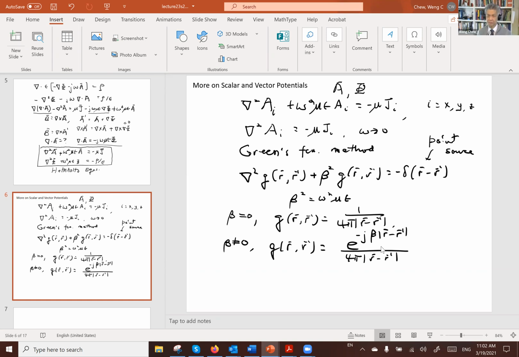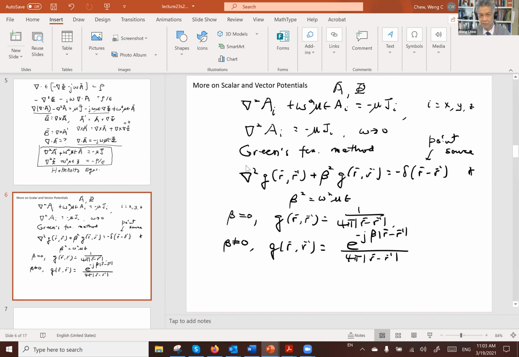In your take-home exam 1, you convinced yourself of that, and you can either verify this by back substitution and show that it satisfies this equation, very importantly, or you can also start from first principles. You start from first principles and go through the math carefully, and you find that, in fact, the Green's function of this equation is that.